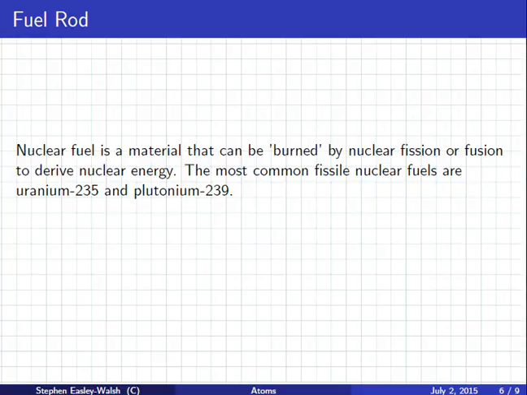Now, it's not actually just uranium-235. It's actually a mixture of different isotopes of uranium. I think the uranium-235 is actually only 2% of it. There's other isotopes of uranium in it. It's just that the uranium-235 is very unstable. This is why it's only 2%.